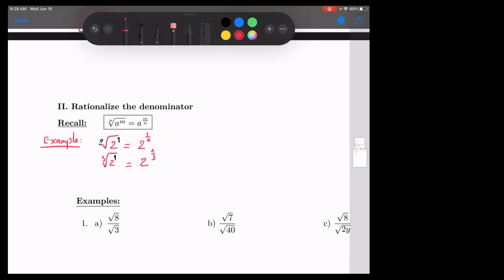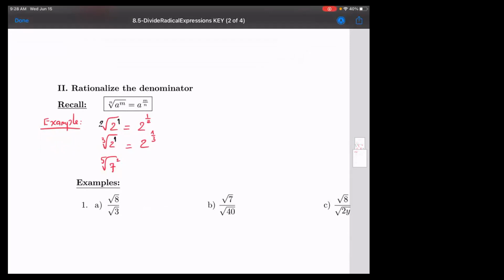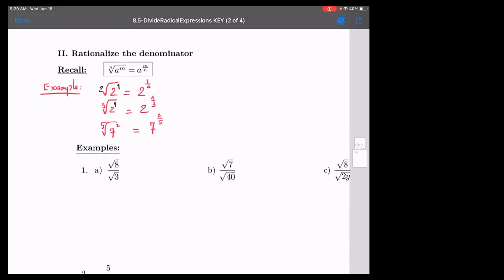And then the fifth root, maybe the last one, the fifth root of 7 squared. Corey, what do you think? 2/5. Thank you. So you guys know how to change back and forth between the radical and rational, right? Good, very good.